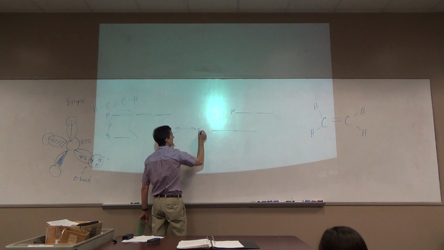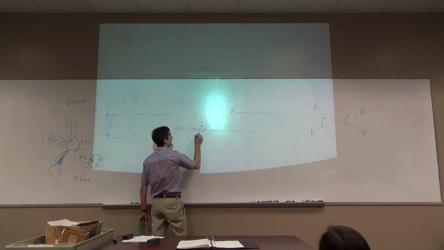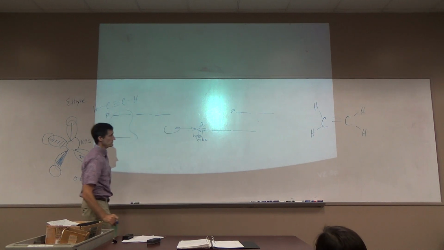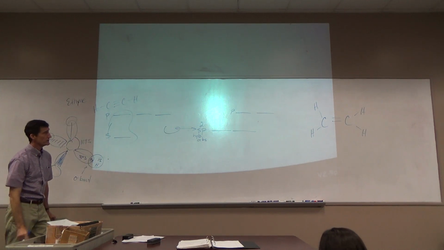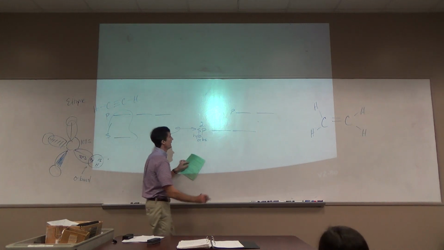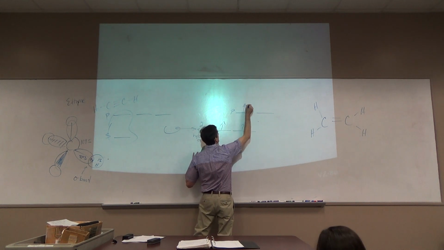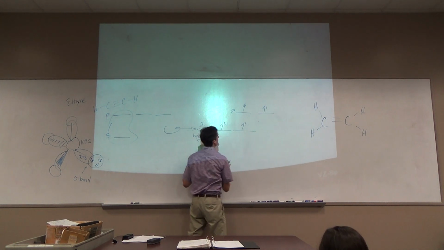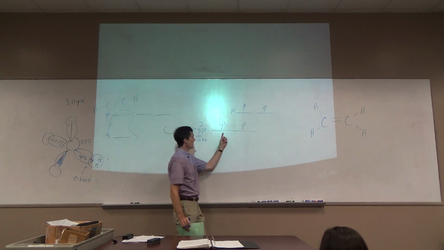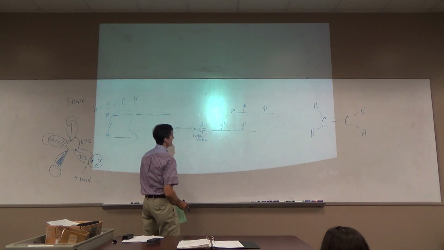These are called, yes, SPs. We have 2 SP hybrid orbitals because we want a linear geometry. We see a linear geometry. We have 4 electrons. And now we're ready to make how many sigma bonds? 2 sigma bonds and 2 pi bonds.